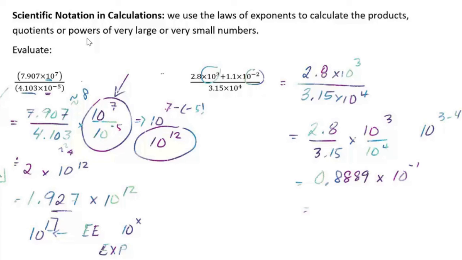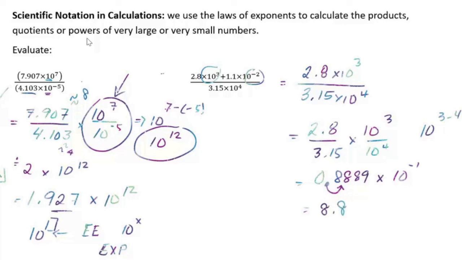To put the answer into proper scientific notation, of course, I need a number that's between 1 and 9 to the left of the decimal, so the 0 can't count. So I better pick up the decimal place and move it 1 to the right so that I have a value of 8 as the sole number to the left of the decimal.